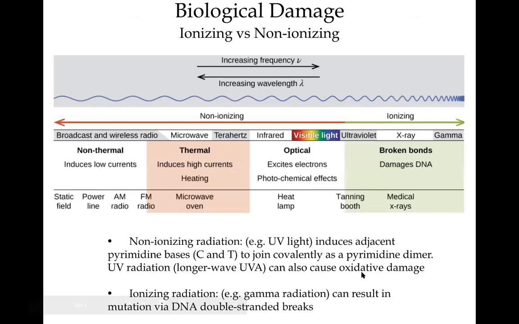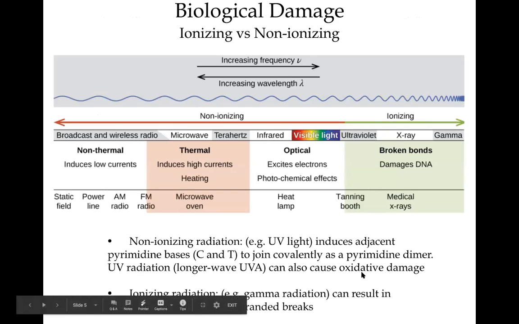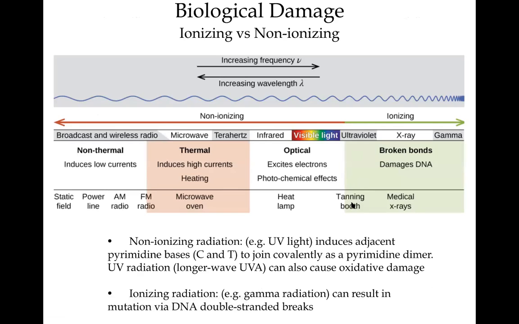And if we look at the spectrum here, as you can see, we have visible light here, and then we have the short wavelength ionizing radiation to the right, and the longer wavelength non-ionizing radiation to the left.